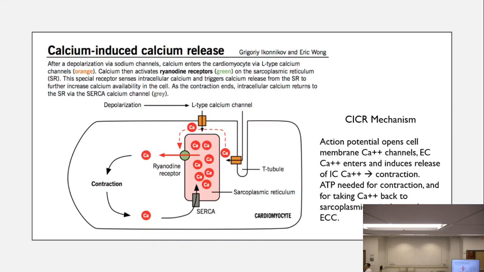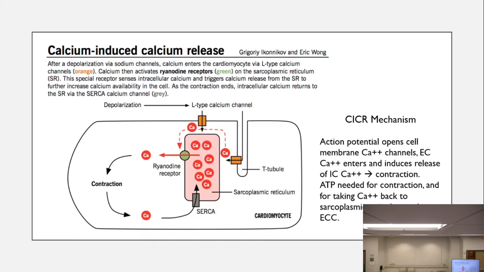This is similar to the skeletal muscle, except in the skeletal muscle we don't have these calcium channels here. When the depolarization gets here, this channel is linked to that ryanodine channel, and that's what is going to release the calcium inside the skeletal muscle.